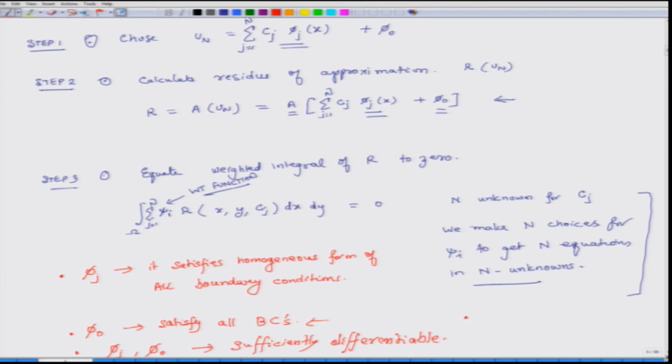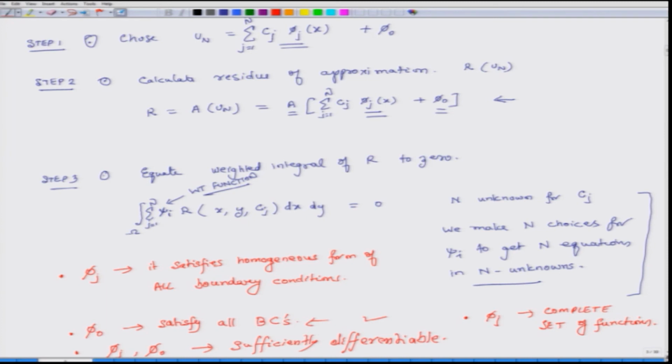And the last point I wanted to make is that phi_j should be a complete set of functions. So, if I use polynomial functions, then I have to start with x, x square, x cube and so on and so forth, as long as these functions satisfy the boundary conditions. Then that set should be complete in itself.